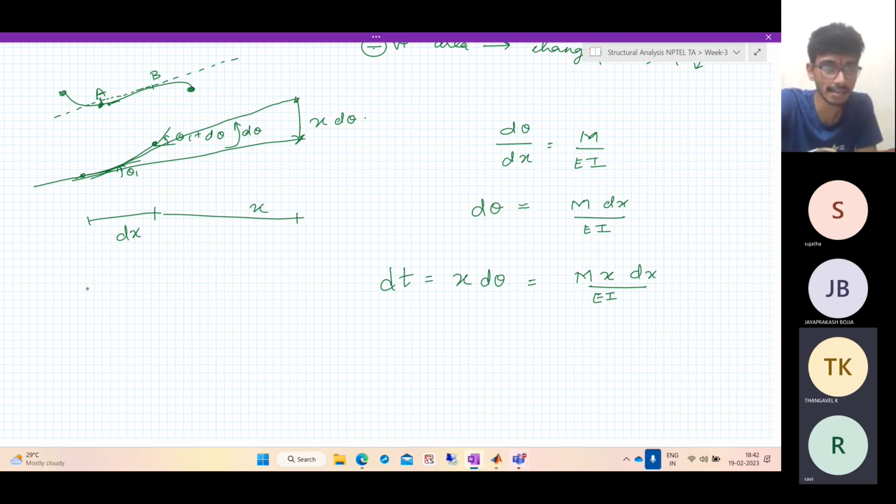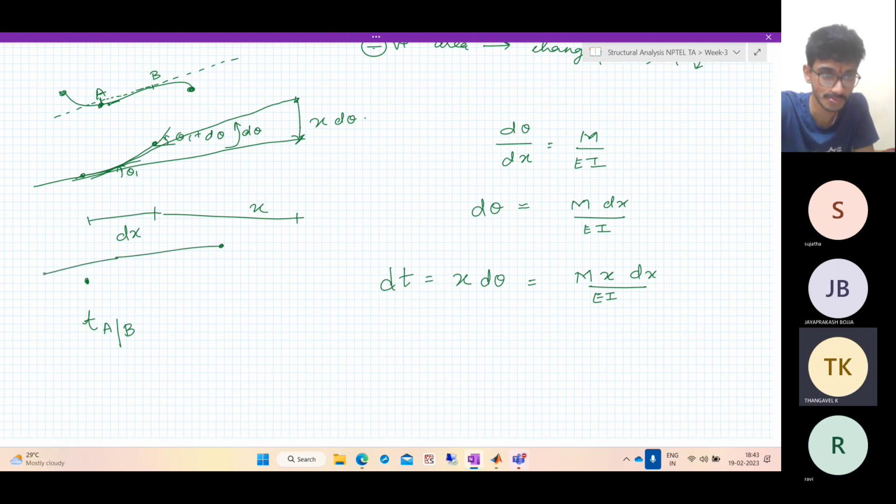Finally, if you take two points, if you take a point here, how much it totally deviates with respect to a tangent drawn somewhere else is the integral of all such small segments. So t of a point A, the vertical deviation of a point on the elastic curve with respect to the tangent drawn somewhere else, this distance.